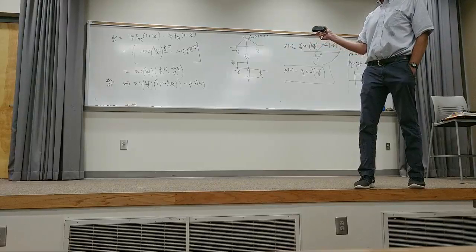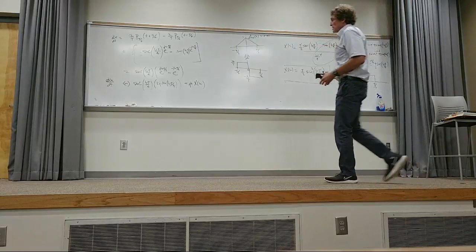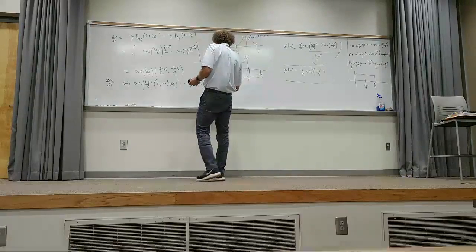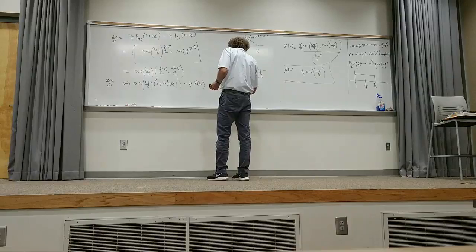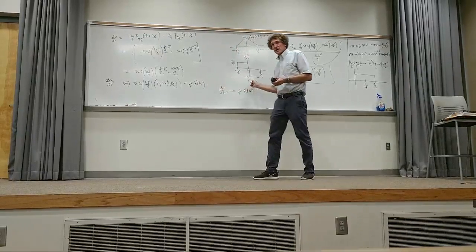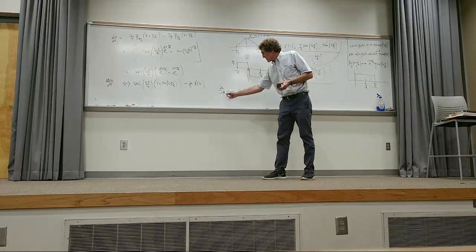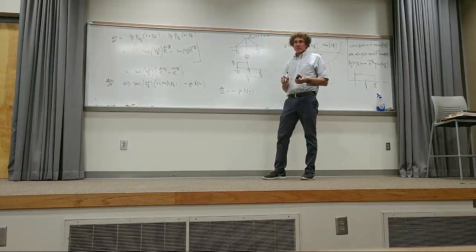And I knew that anytime you have dx dt, it's the most common property, what you get over here is just j omega times X of omega. If x of t goes to X of omega, then the derivative of x of t is just j omega X of omega. That's how we get it.